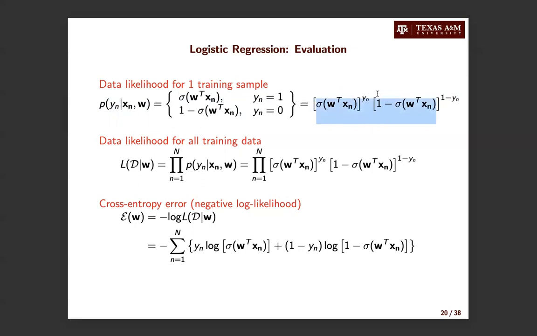So essentially, this expression and the expression that is being shown here are exactly equivalent. This is the likelihood for one training sample.